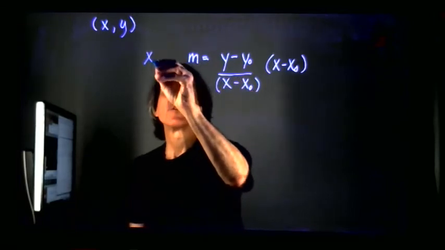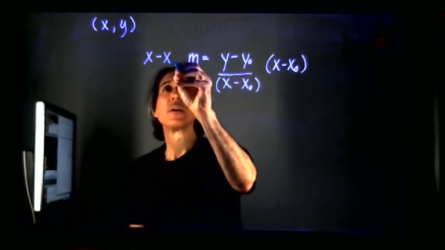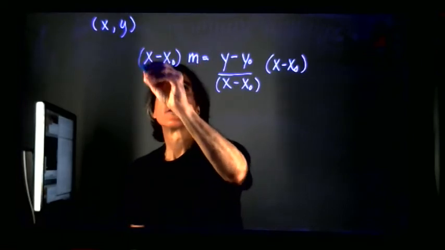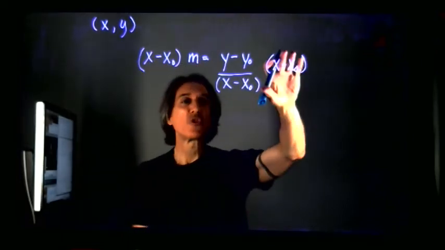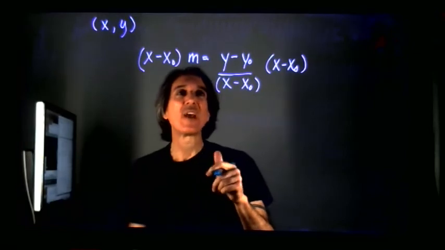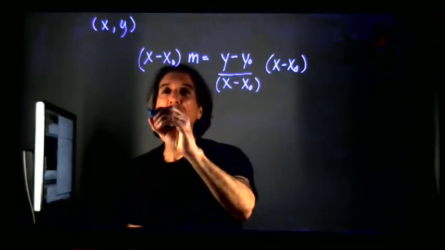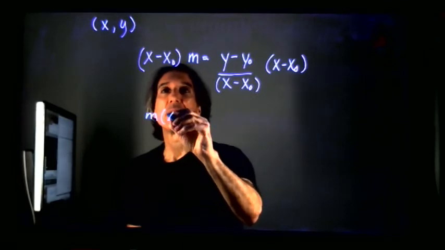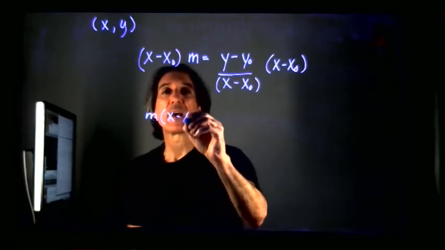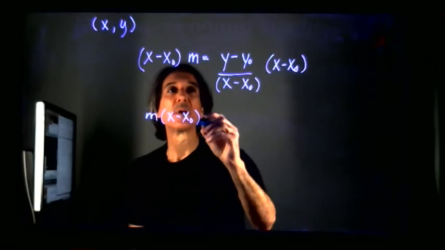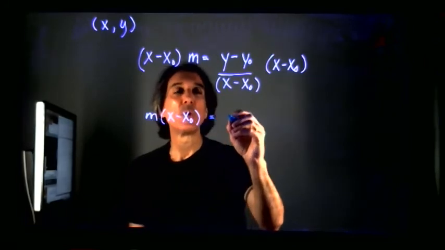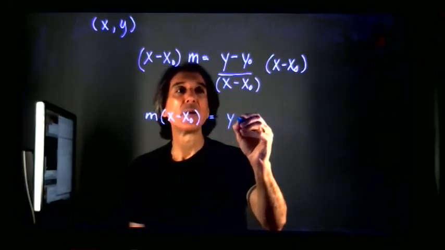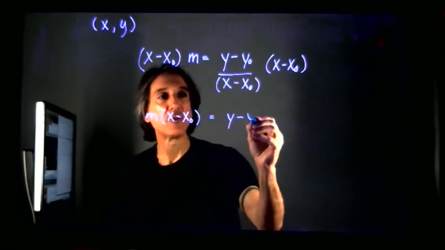And I have to multiply the same thing on this side. And on the right side of this equation, the x minus x0 cancels, and what I'm left with is m times x minus x0 is equal to y minus y0.